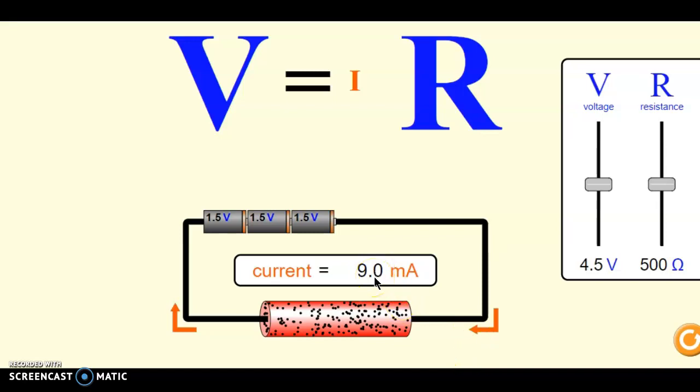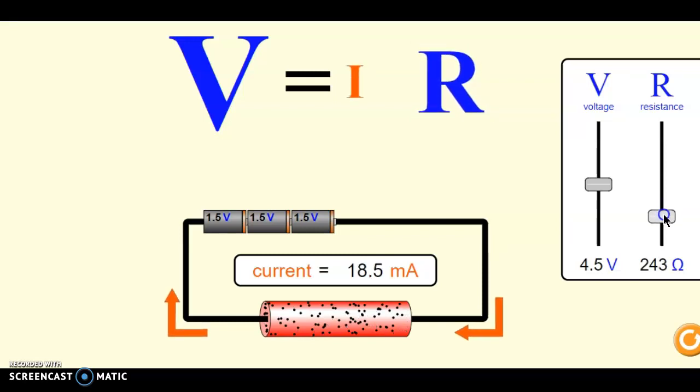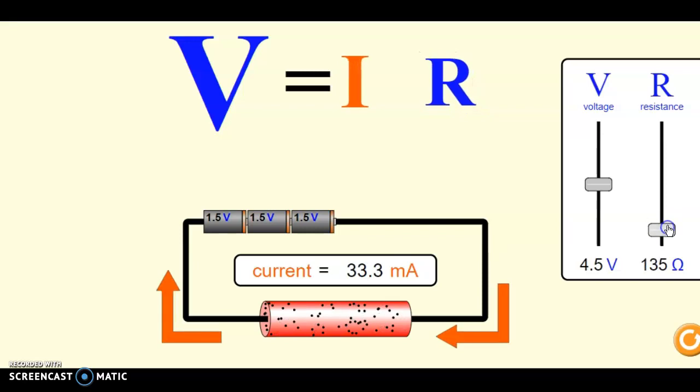Now we will study the relationship between resistance and current. Let us try to increase the resistance, and when we increase resistance, look at the current, or decrease resistance. With decreasing resistance, you could see that current became higher compared to the previous one.